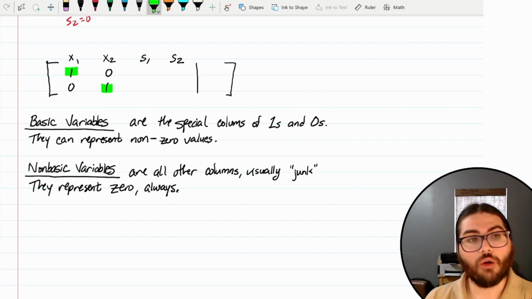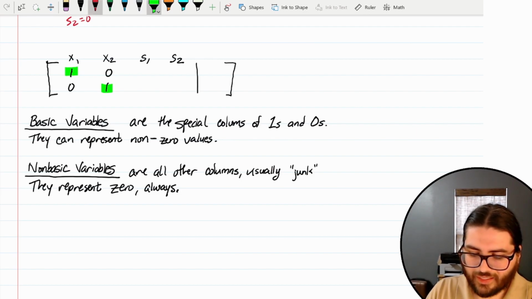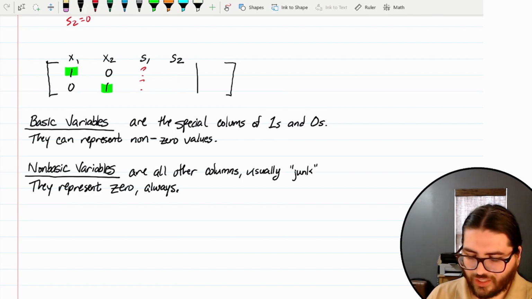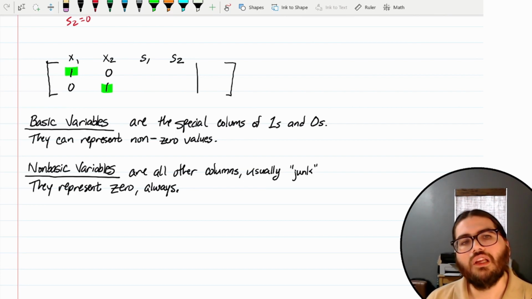And so if I use up both rows with two pivots, I don't have room for any more. Anything out here would be junk, in the sense that I can't guarantee there'll be ones or zeros or positive or negative or anything. They'll just be junk. Those will represent a variable of 0.